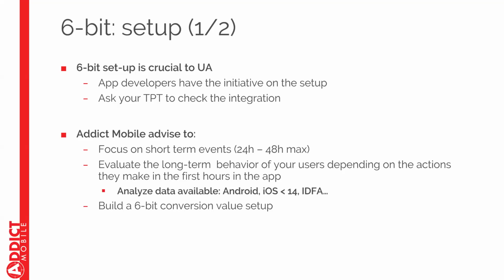And according to this, build a 6-bit conversion value so that, with short-term events, you can anticipate and see what's going to happen in the future for this campaign.